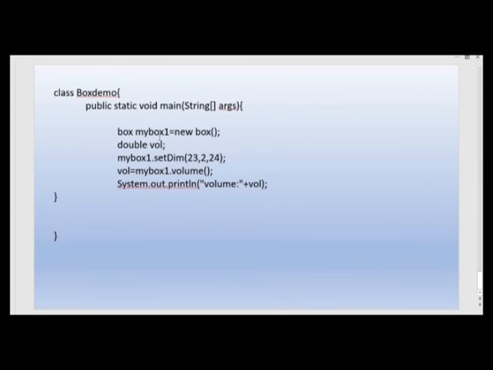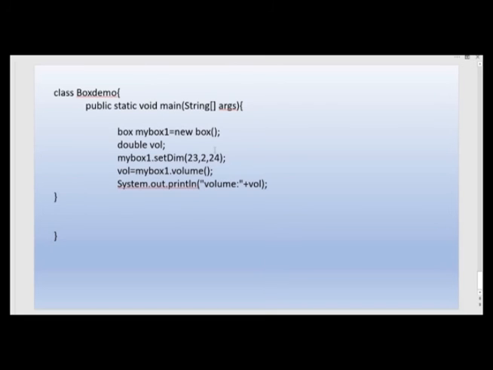The object name is myBox1 and it is equal to new Box. New is the keyword that is used to allocate memory for myBox1, and Box() is the default constructor. Double vol, here we declare the variable as a double data type. Here we call the setDim method using the object name, myBox1 dot setDim.